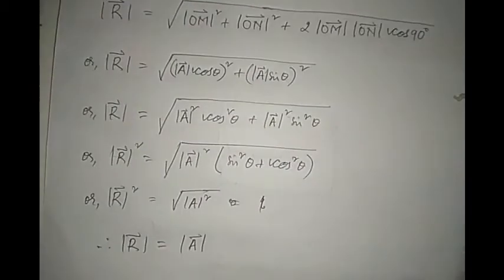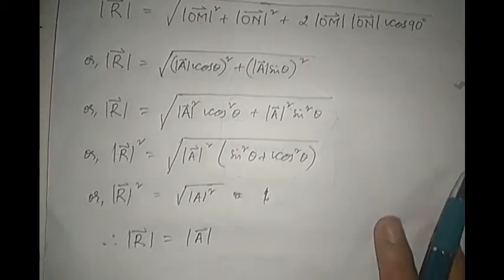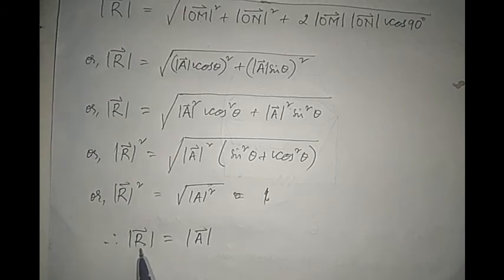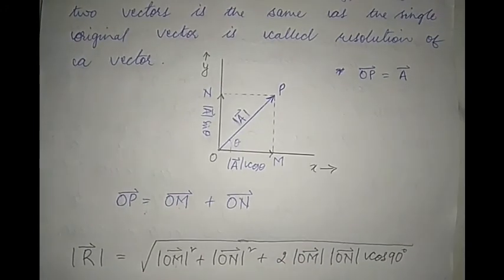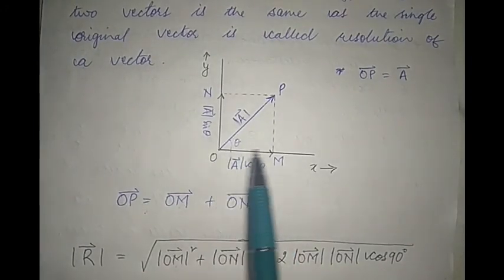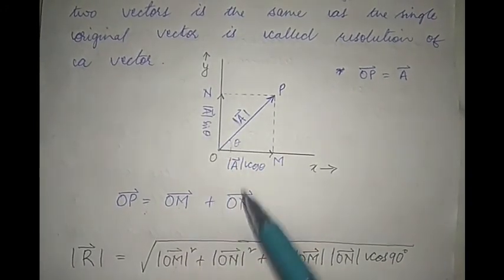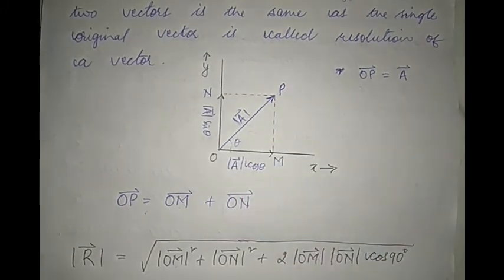Please read the left hand side as modulus of R. The calculation is absolutely fine if we neglect that square from the left hand side. Thereby we get R squared is A squared, and hence R, the magnitude of the resultant vector, is A. So the magnitude of the resultant of vectors OM and ON is magnitude of A.